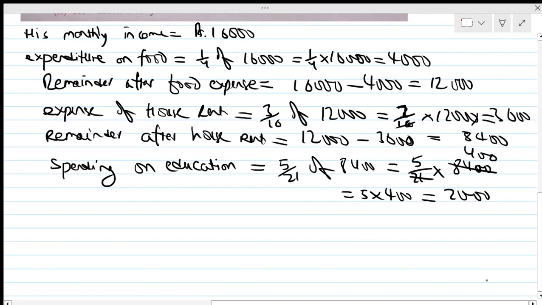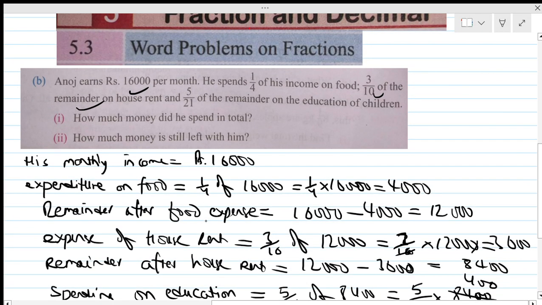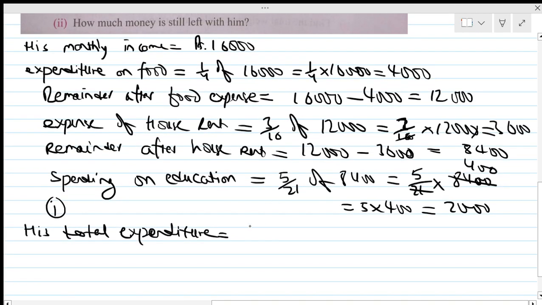And now we'll find the total expenditure. This is for the first answer. His total expenditure: in 3 categories he has spent. The first was spending on food, then second, he spent on rent, and after rent he spent on education.